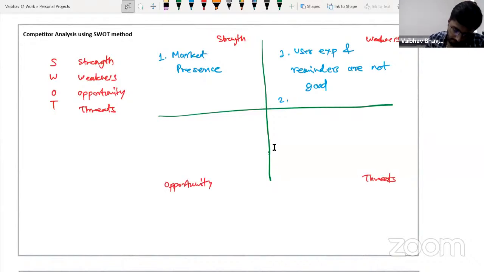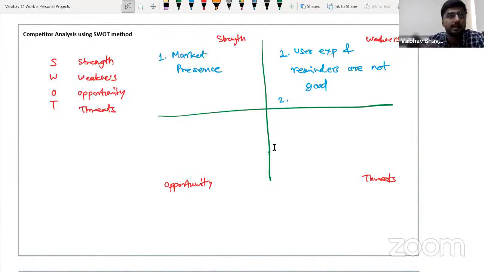Okay. Now, the opportunity that we have here is to basically work upon the weaknesses of the competitor, make an app which is better in the sense of what the competitor's weaknesses are, and obviously the market presence the competitor has. It is never 100%.